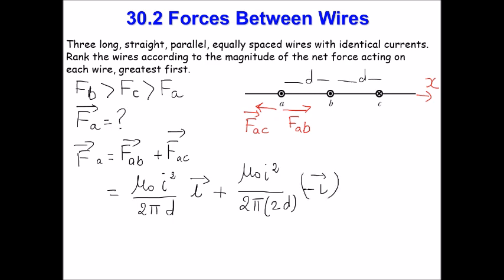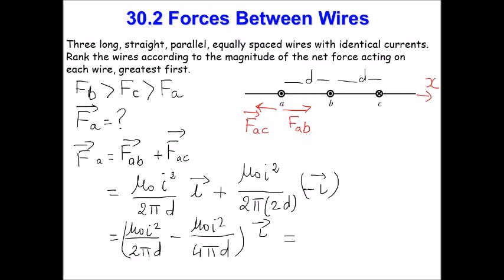If you write it in vector form, you will get mu 0 I squared over 2 pi d minus mu 0 I squared over 4 pi d along the x direction. And this gives you mu 0 I squared over 4 pi d. So that's half, that's a quarter. So the net force is pointing in the plus x direction, and the magnitude is just this.